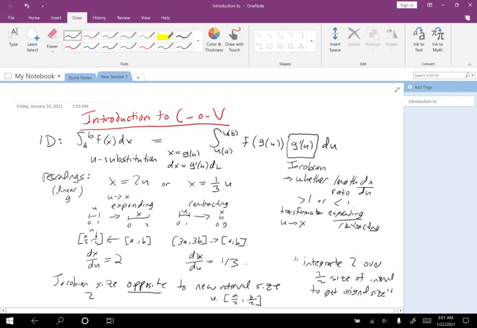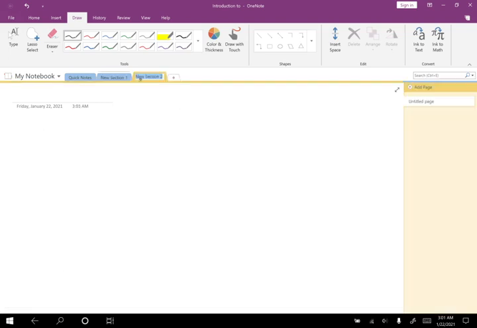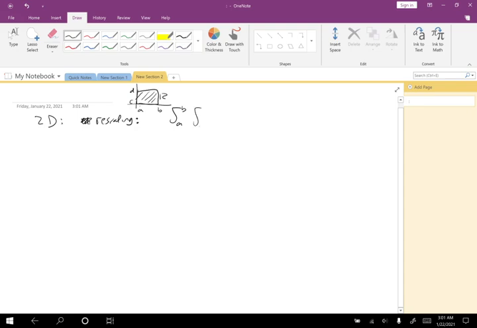Okay? So why am I going through this? Because really something similar works in 2D and 3D and so on. Rescalings. So if we have, let's just do, over a rectangle. If we have x equals a and b, y equals c and d, we'll integrate over this region R. Well, if we integrate from a to b and c to d, this will be our x, this will be our y, and we have f of x, y, dy, dx.